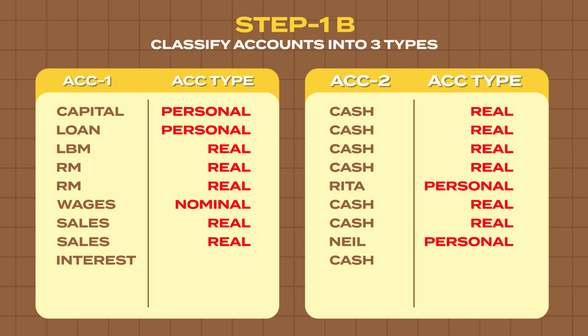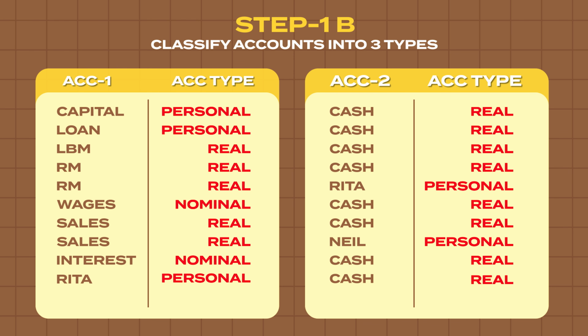Interest paid to bank, interest and cash. Interest is nominal, cash is real. When you pay Rita, the two account heads are Rita and cash. Rita is personal, cash is real. And when Neil pays you, cash and Neil, cash real, Neil personal.